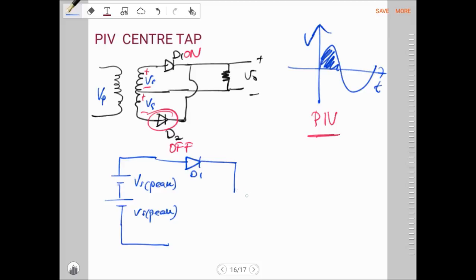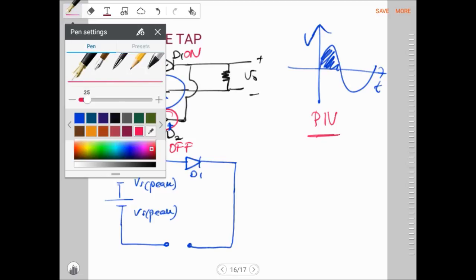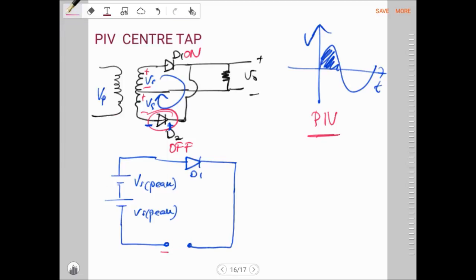We are doing a loop like here, so there's no resistor, and then you have the peak inverse voltage. D2 is reverse bias, so it will be minus here, positive here, PIV. Because the diode is in reverse bias, negative is applied to the P and positive to the N. That's why the polarity is like that.